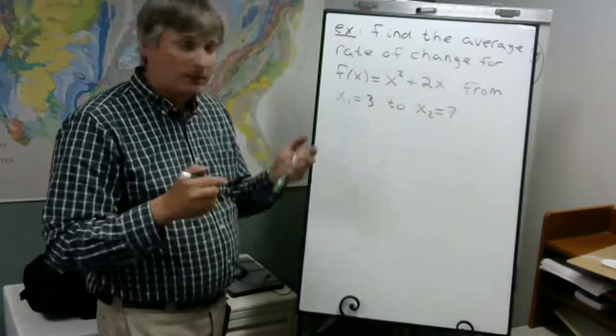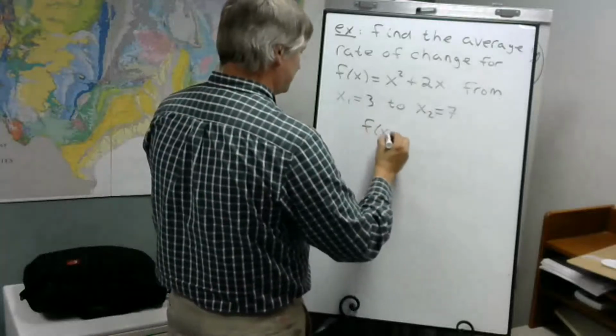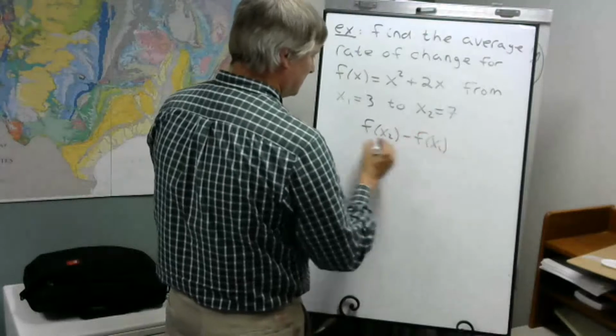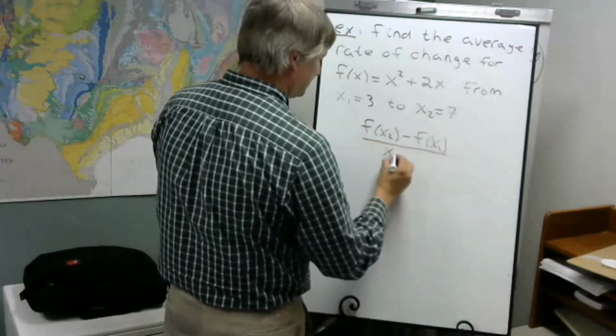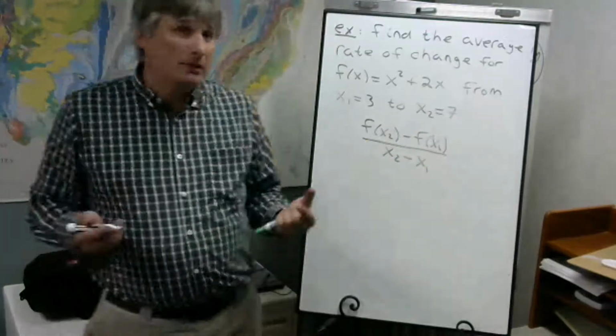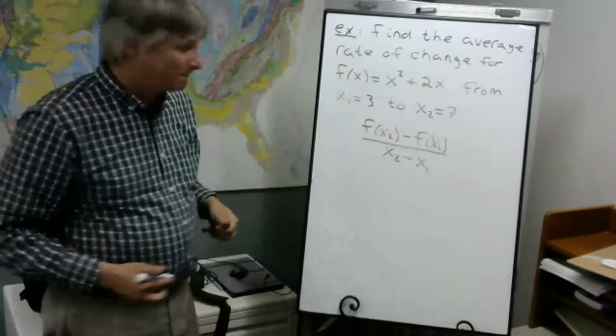Well, our formula is f of x2 minus f of x1 over x2 minus x1. There's x2 and there's x1. Let's get f of x1.